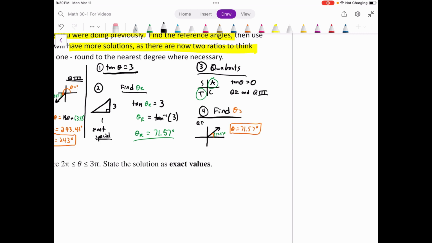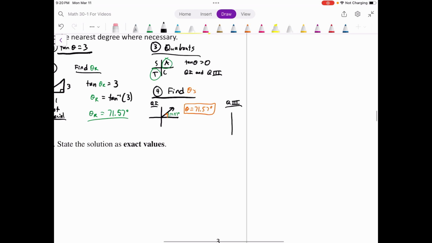Okay, now we got to do quadrant 3, because that was another place where tan theta could equal positive 3. Well, I mean, same steps, right? We're in quadrant 3. We know we've got a reference angle of 71.57. So what is this angle itself? Well, it's going to be 180, but we're going past 180.